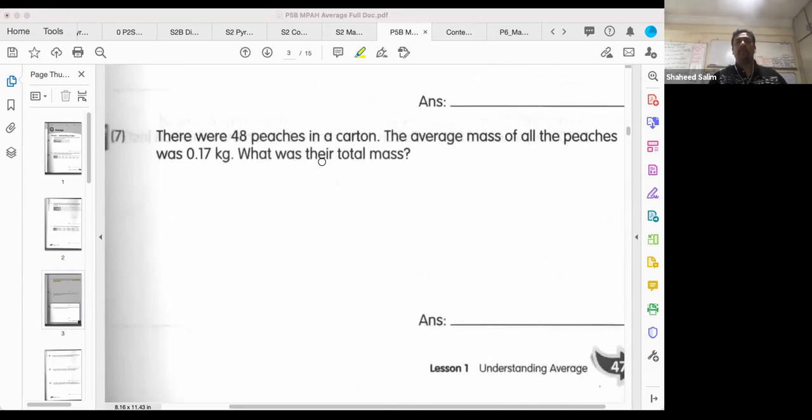Total mass now, total mass. Is that well done?